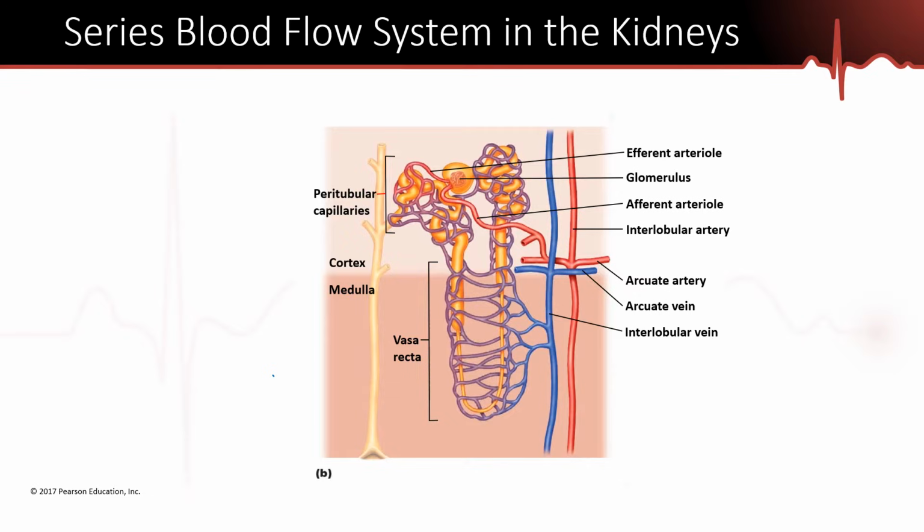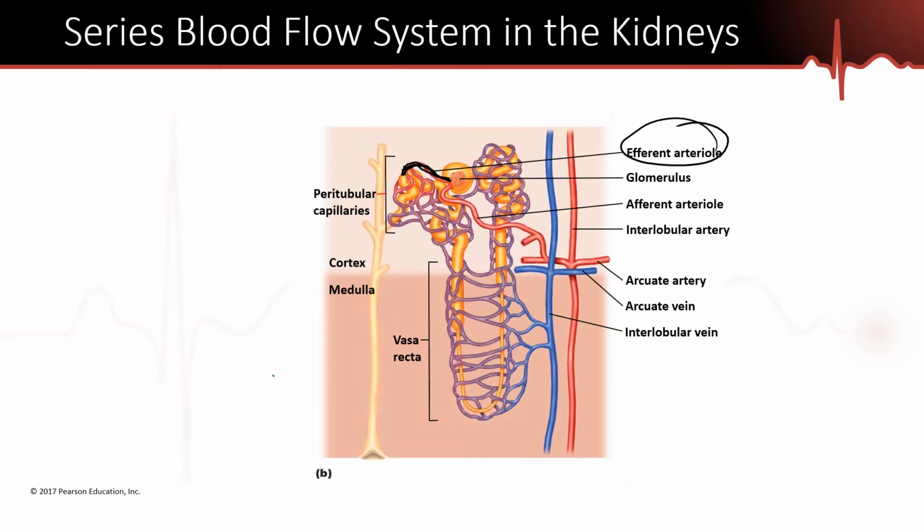All the glomerular capillaries combine and form a vessel that then leaves Bowman's capsule, and that vessel takes blood away from Bowman's capsule. We call it the efferent arteriole, right? It's right here. Now, what is going to happen to the efferent arteriole?